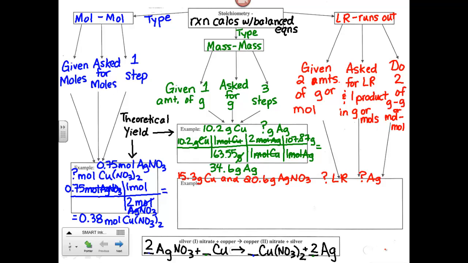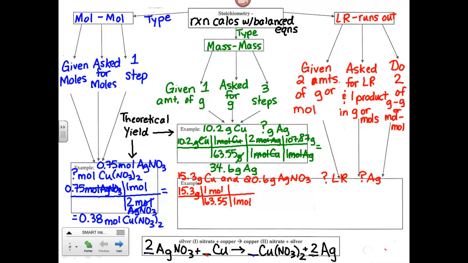We'll do the copper one first. And I'm going to leave the substance labels off here to save a little space. Look up copper on the periodic table because we need to cancel the grams. That's the number of grams in 1 mole. Look at the equation. There's 1 mole of copper in the equation.